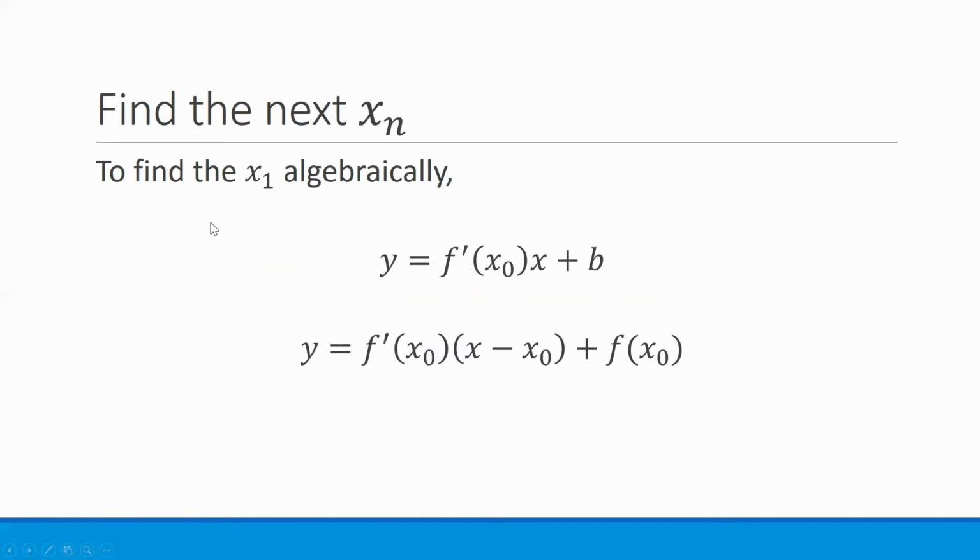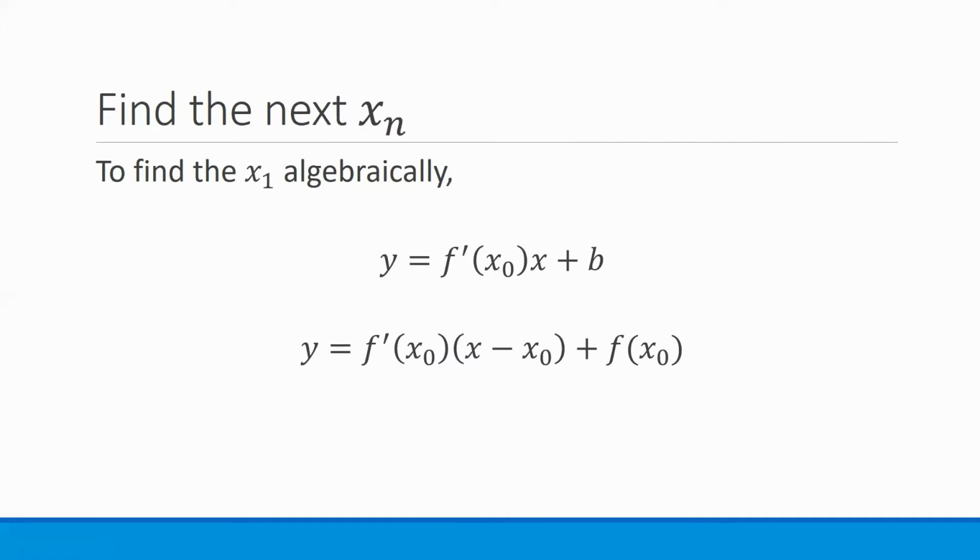Now, the key here is finding the next guess, finding the next xn. Let's think about how we do this with x1. A line is going to look like y equals mx plus b.